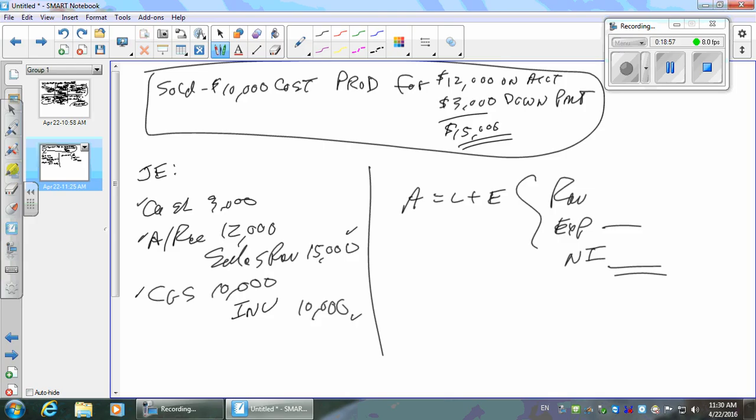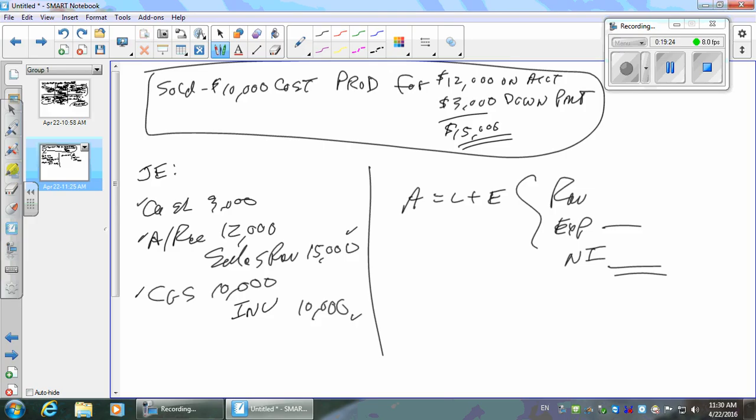Remember, you create the statements as you do your journal entries. What's the difference between that entry and having a gain on sale? That would be if I was selling a non-operating asset, not if I'm selling inventory. Selling inventory is how I generate my revenues, and then the cost is an expense.